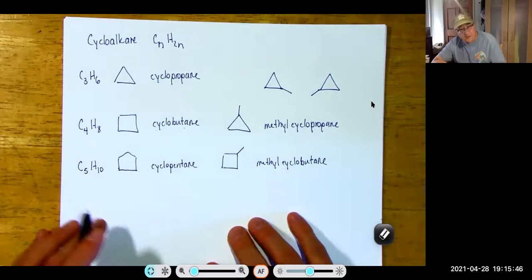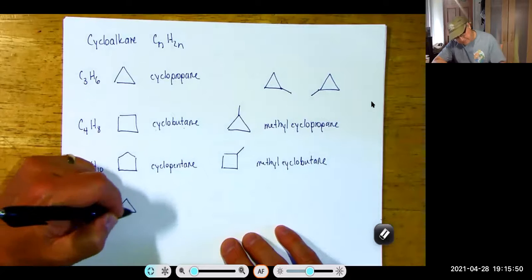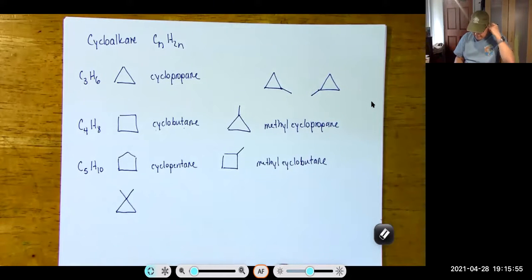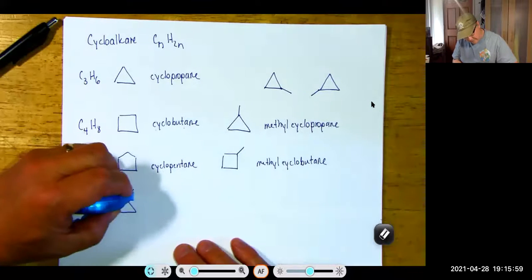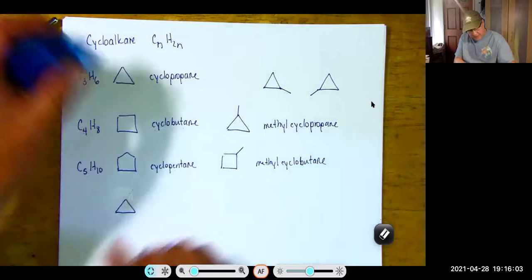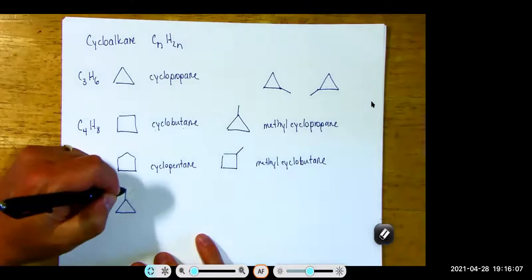Okay. Now, can we do any other 4s? The answer is no, but we can do a 3. Actually, let me get rid of this one, because we've used 3 carbons, right? We could do this. What would we call that?